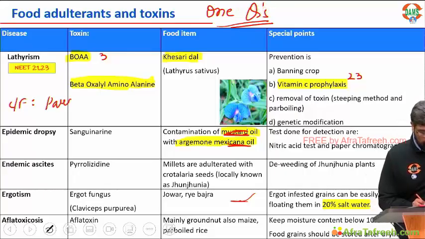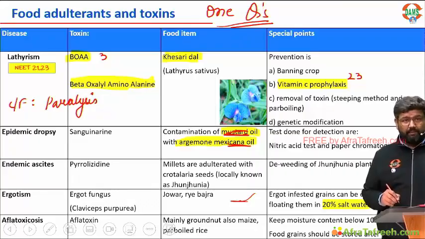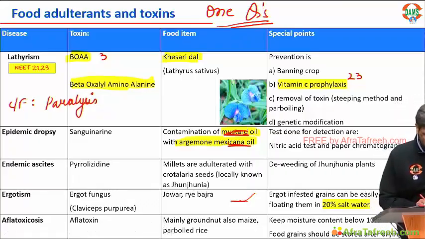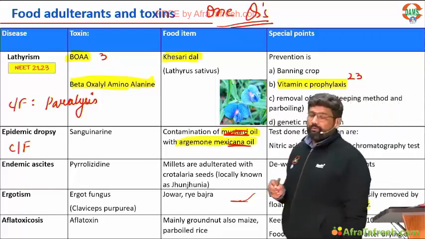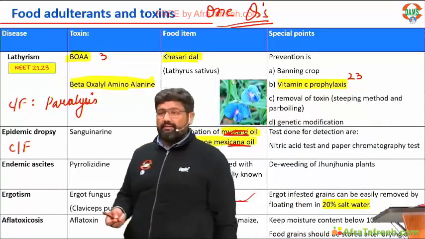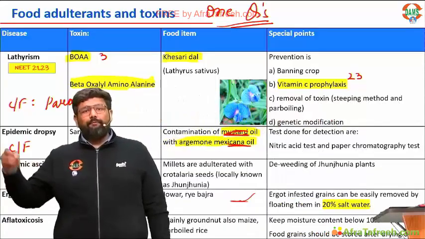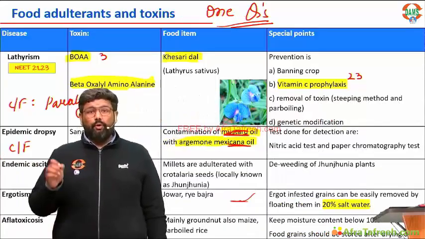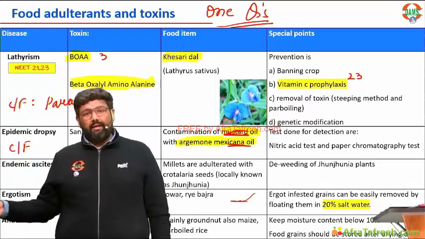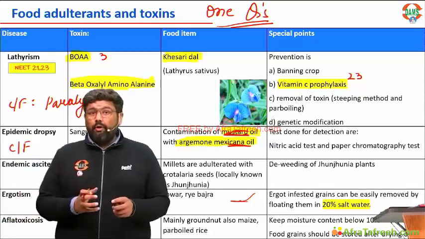If I talk about the clinical features of epidemic dropsy, paralysis. You learn with the mnemonic which I usually teach in my class: drop of mustard oil. Dropsy, drop, mustard oil is contaminated. So here I am talking about a drop.